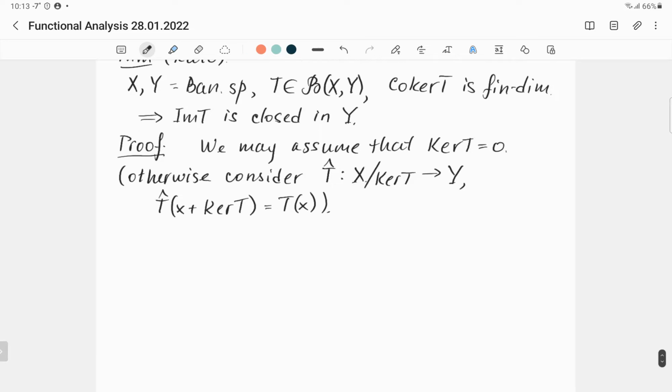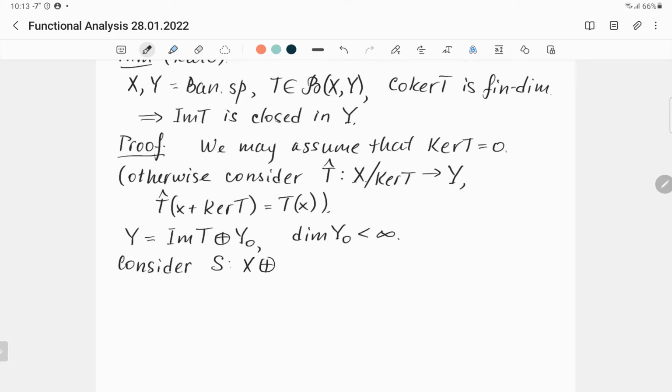So now, since the co-kernel is finite dimensional, we can decompose Y as the direct sum of two subspaces, namely the image of T and a finite dimensional subspace Y0. Y0 is finite dimensional. And let's consider the following operator S, which acts from the L infinity sum of X and Y0.